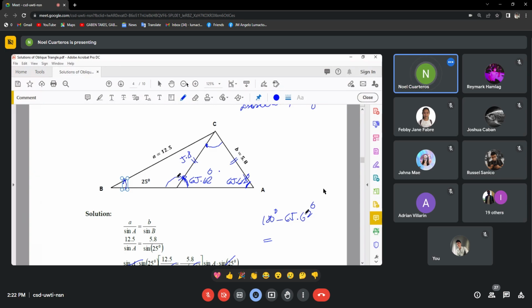Pila na siya? It would be equal to, kalkyo palihog, 114.38 degree. Tanawa daw.